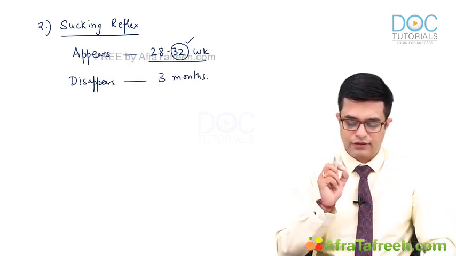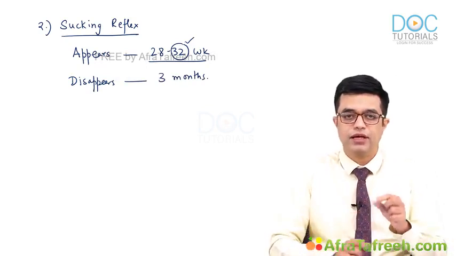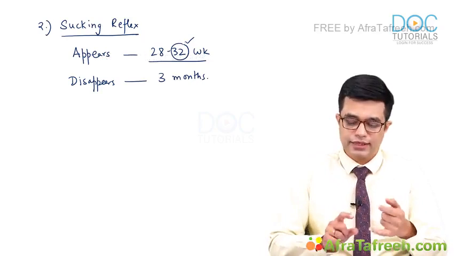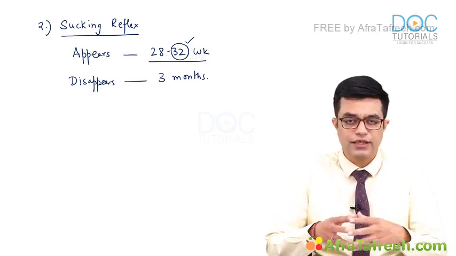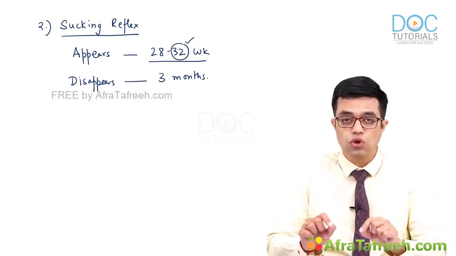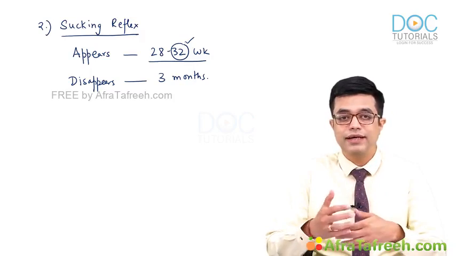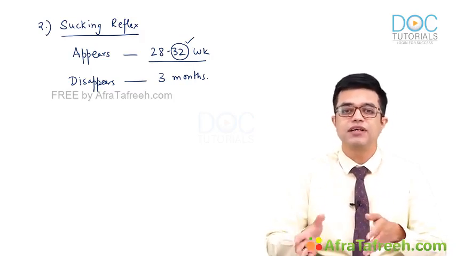Now there is a controversy here. There are two types of questions which can be asked to you in exam. One is sucking reflex. Sucking reflex appears earliest around 28 weeks of gestation, right? Sucking movement of the fetus can be seen in utero as early as 18 to 20 weeks. Sucking movement in a fetus is different from sucking reflex.